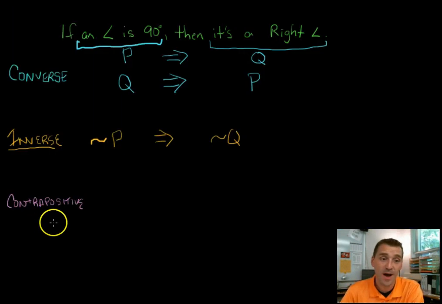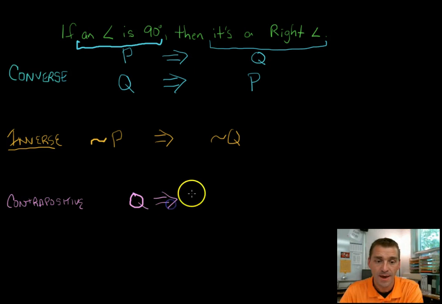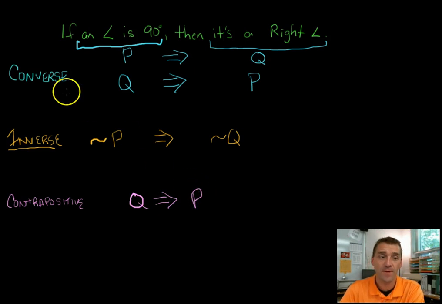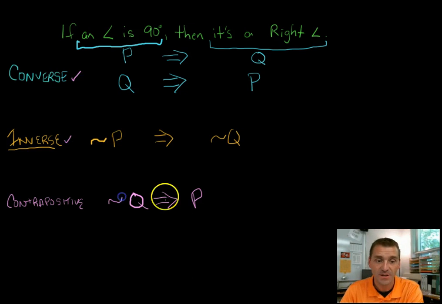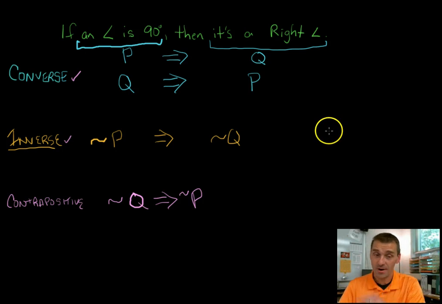The inverse of the converse. So the contrapositive, if we have P implies Q, it is the inverse of the converse. So I must first take the converse. That means I take Q and P and flip-flop them. So I take the converse first, and then I take the inverse of that. So it's this. It's not Q implies not P. So I'm not going to write this. You need to write it though.